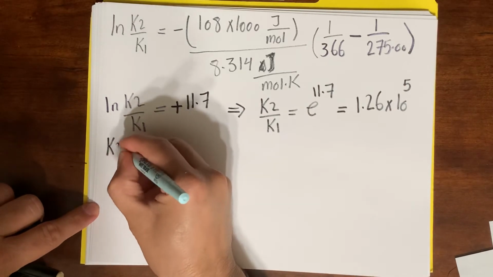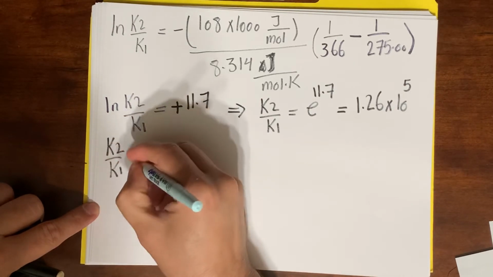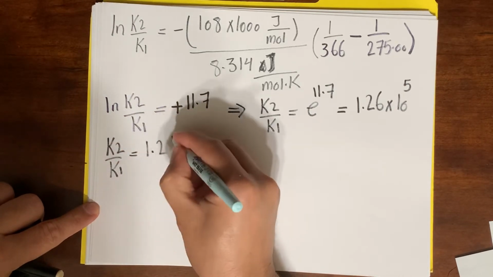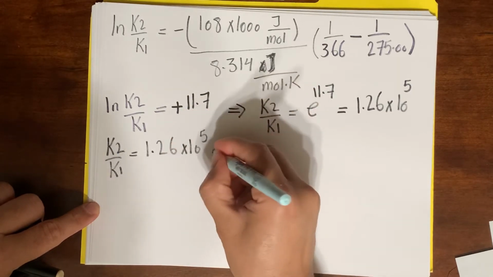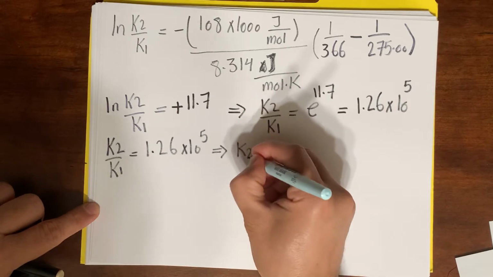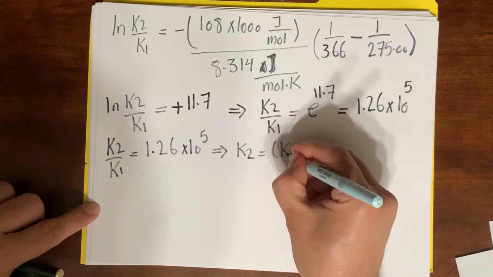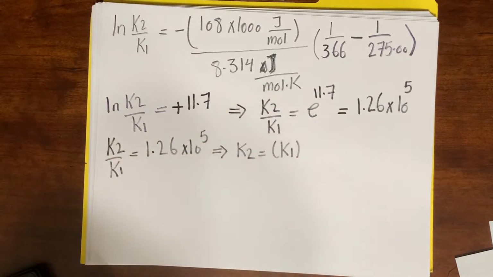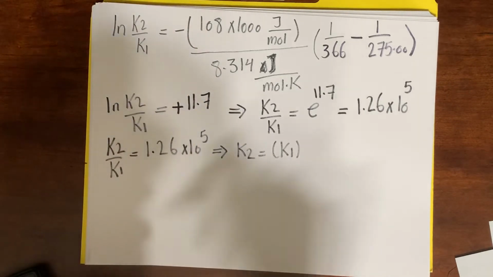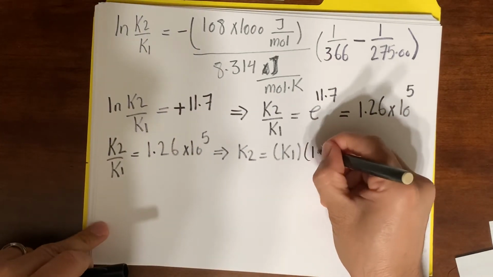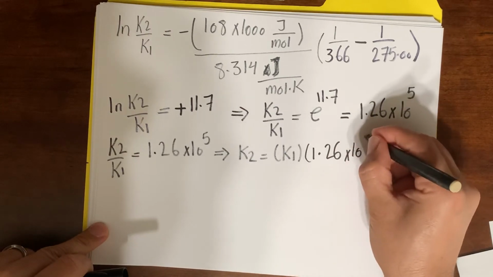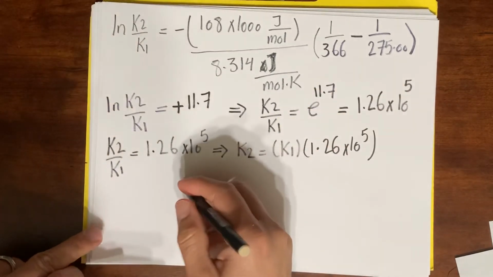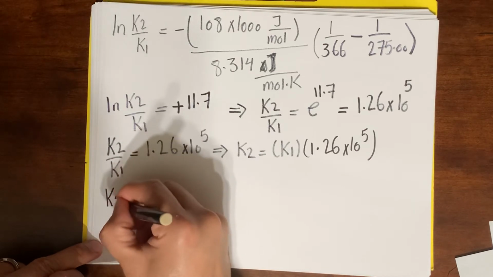So K2 over K1 is equal to 1.26 multiplied by 10 to the power of 5. So K2 is going to be K1 multiplied by 1.26 multiplied by 10 to the power of 5.